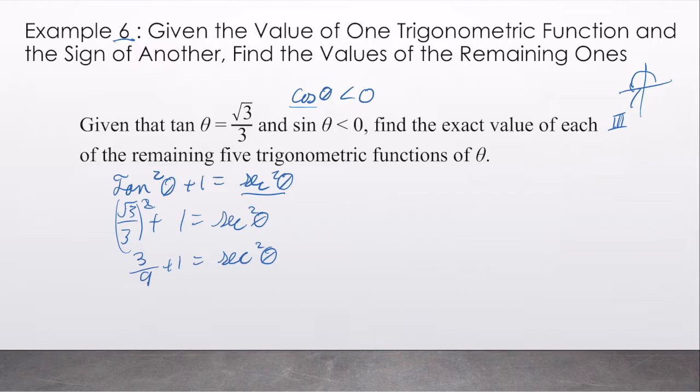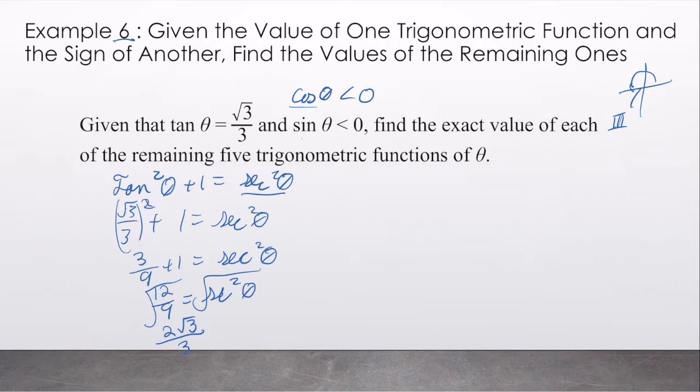So I get that 12/9 is secant squared theta. And if I take the square root of the whole thing, I get that 2 square root of 3 over 3, but it has to be negative, right?